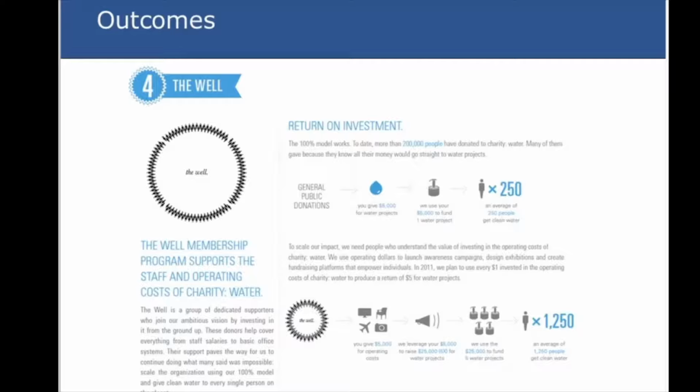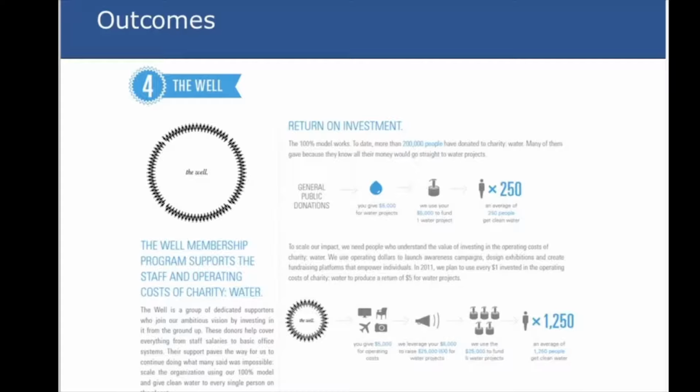a $5,000 public donation creates one water project, which provides water for 250 people. Again, now that you're clear on the difference between an outcome and an output, you can see that this is in fact what's been produced as opposed to how that production has affected people.